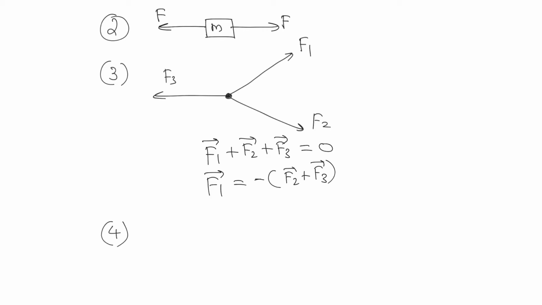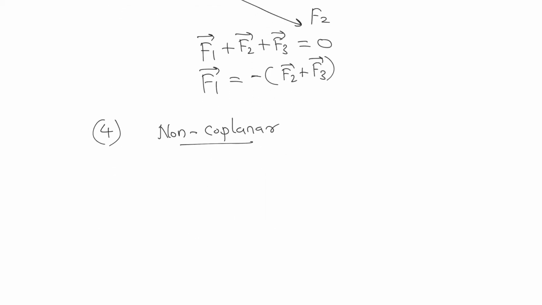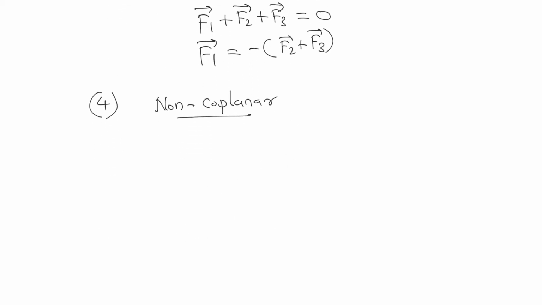Now if the forces are non-coplanar, not on the same surface, then the minimum number of forces required is 4. That means F1 vector plus F2 vector plus F3 vector plus F4 vector should give a result equal to 0.